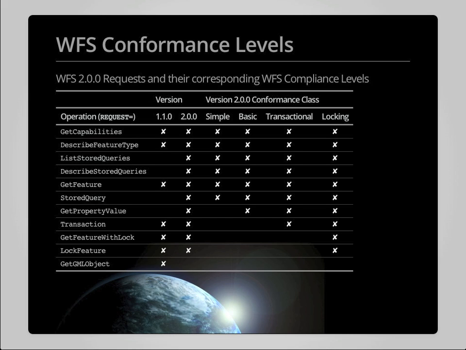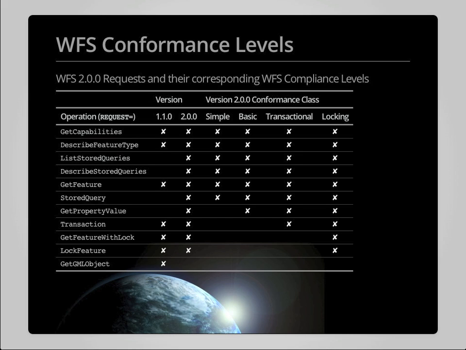You will also see that if we look at the two version columns in the table, that a number of requests were added in the transition from version 1.1.0 to 2.0.0. In particular, those request types relate to stored queries. And you'll see that there are no stored query related requests as a part of the earlier 1.1.0 standard.